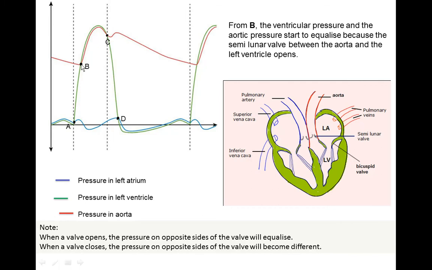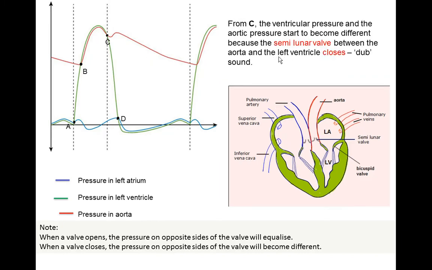So at point B, the semilunar valve suddenly opens so that the pressure in the aorta equalizes with the pressure in the left ventricle. So therefore, we can say that from point B, the ventricular pressure and the aortic pressure start to equalize because the semilunar valve between the aorta and the left ventricle opens.